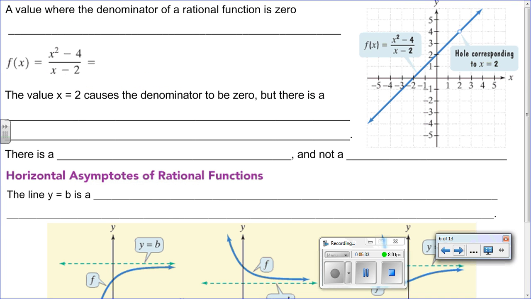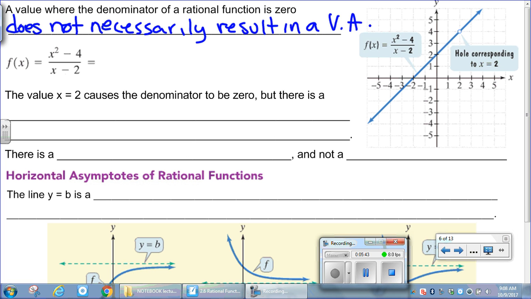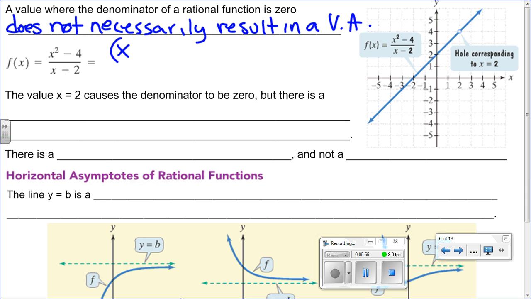So a value where the denominator of a rational function is 0 does not necessarily result in a vertical asymptote. Please copy that statement. If we were to factor the numerator of this function, it would be x plus 2, x minus 2 over x minus 2.